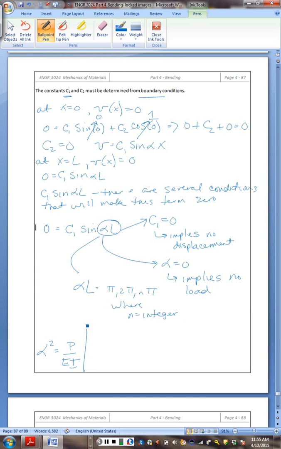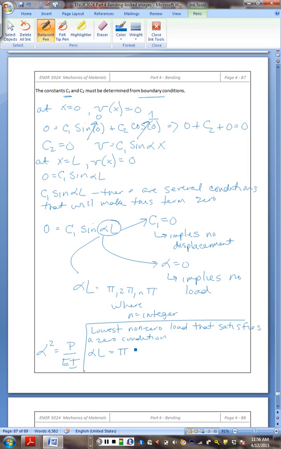So, in summary, the lowest non-zero load which satisfies these conditions, or that satisfies a 0 condition, is when the alpha L, the argument, equals pi.